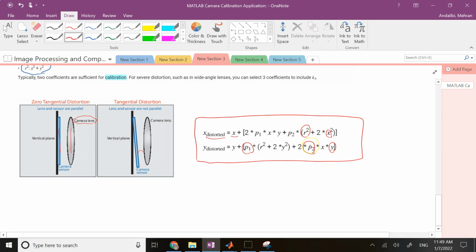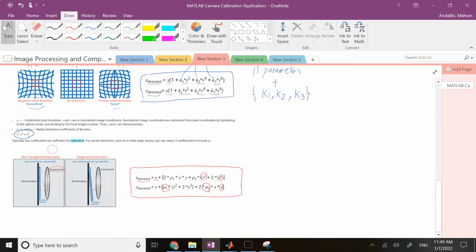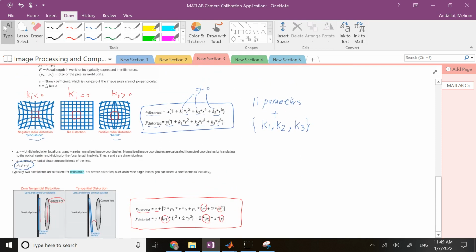So if you want tangential distortion to be calculated, in addition to the 11 parameters and 3 Ks, now you will also have P1 and P2. So it needs at least 16 coefficients to be calculated, and you definitely need more than 16 points, capital P and small p pairs, to be given to it. That's why we say typically 20 points is the minimum that you need.